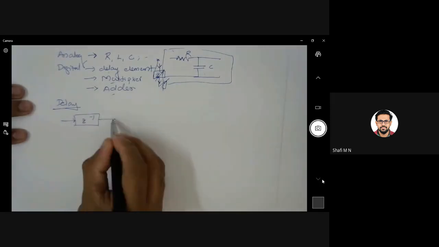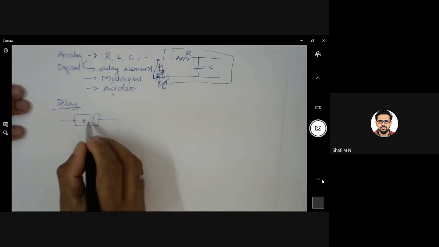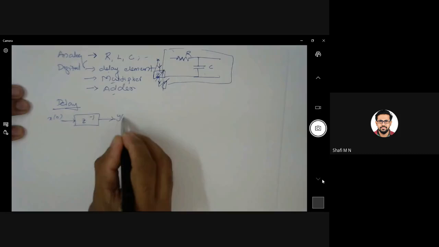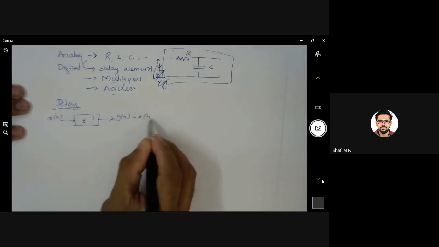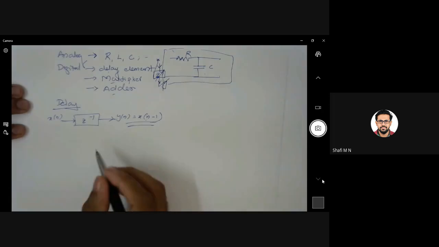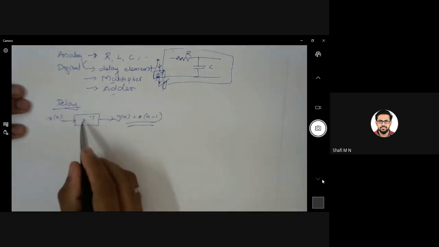Multiplying by z raised to -1 is actually the time delay. Hope you remember that property of z transform. That's why it is represented like this. So if you have x of n over here, the y of n will be x of n -1. Got it? This is what delay element will do. This is based upon the time delay property of z transform. That's why it is represented like this.